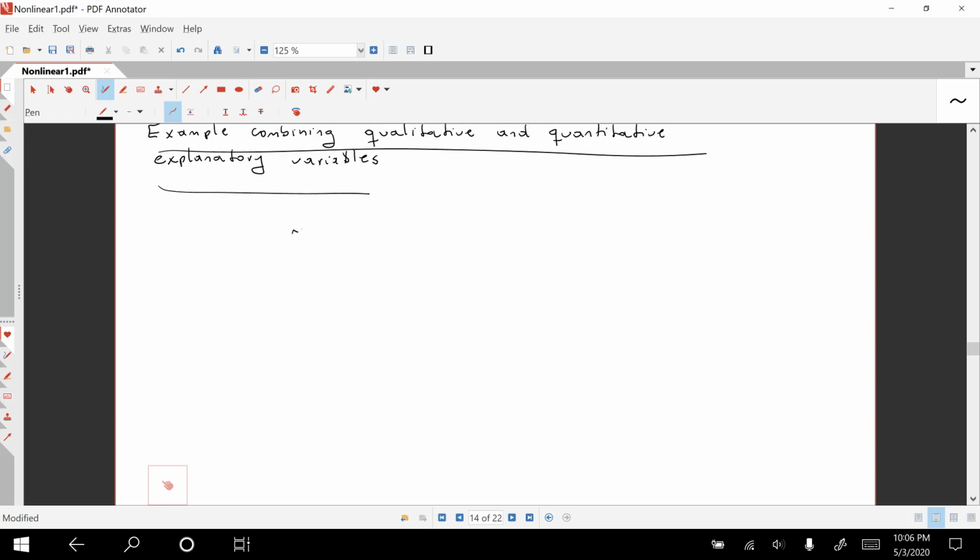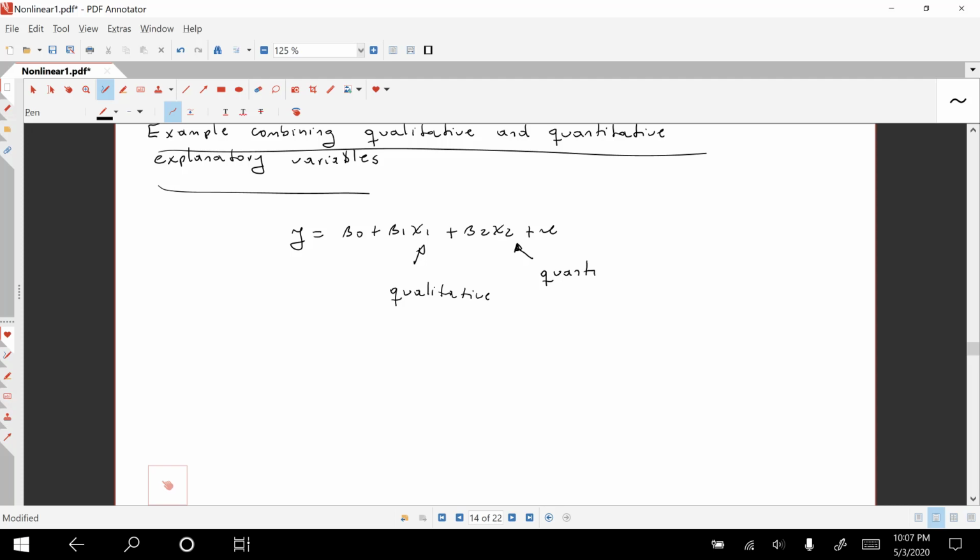Assume that we have two explanatory variables. Let's say that x1 is a qualitative factor, or represents qualitative information. In this case, we only have one dummy variable, which represents a qualitative variable with two categories.